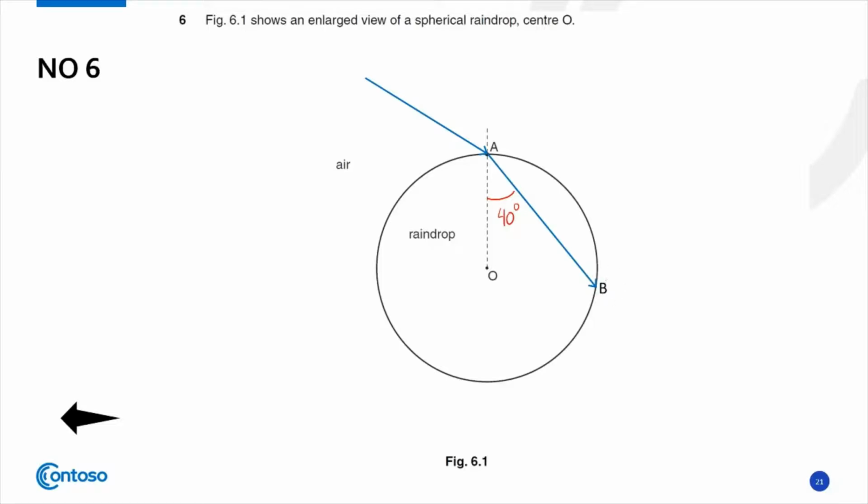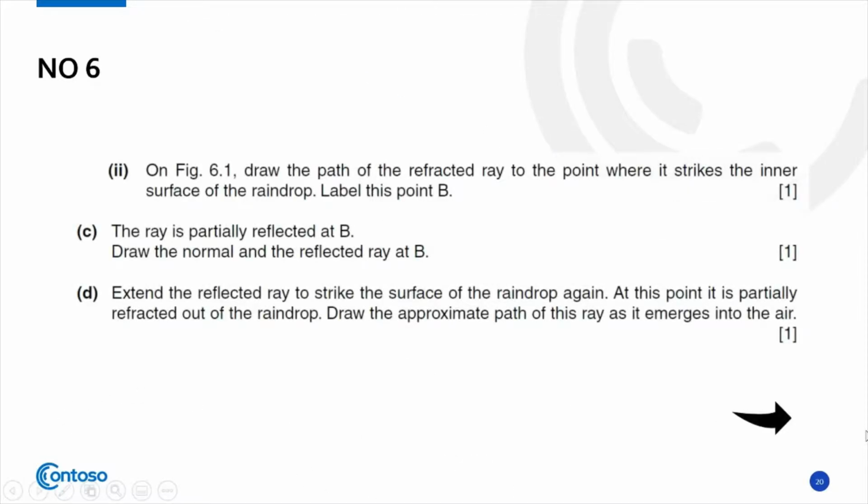Number 6C. The ray is partially reflected at B. Draw the normal and the reflected ray at B. To answer question 6C, we have to revisit figure 6.1.